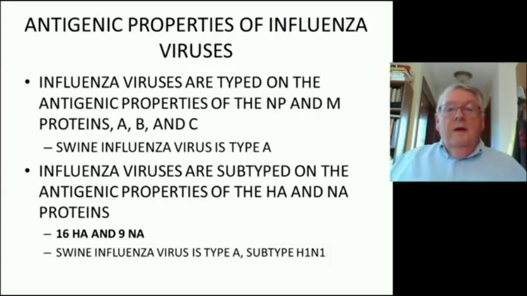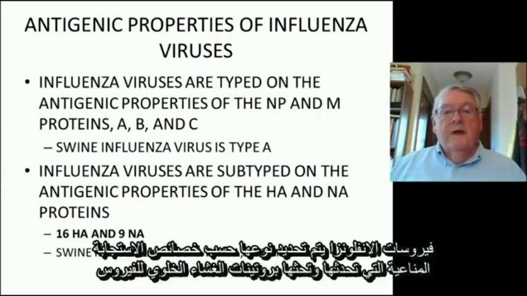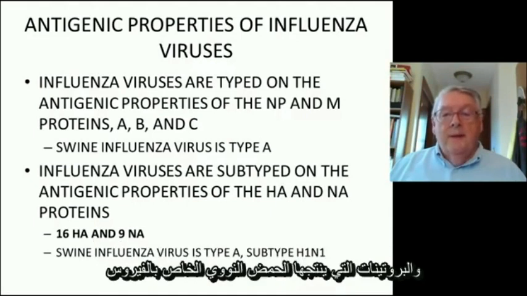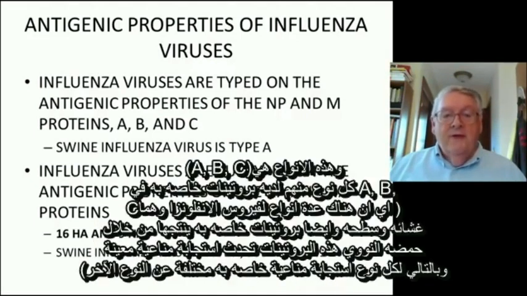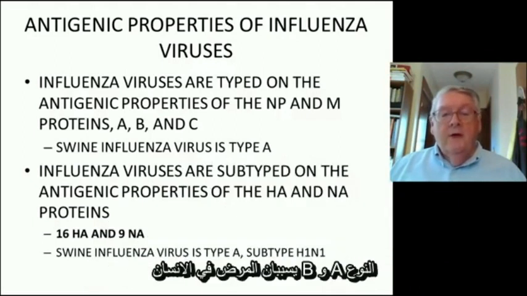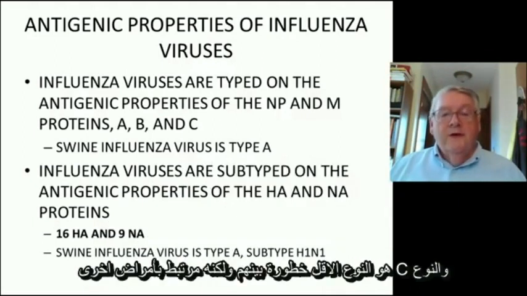The influenza viruses are typed on the basis of the antigenic properties of the nucleocapsid protein and the membrane proteins, and they are type A, B, and C. A and B cause disease in people. C is a minor entity in terms of human infection, but it is involved in other infections.